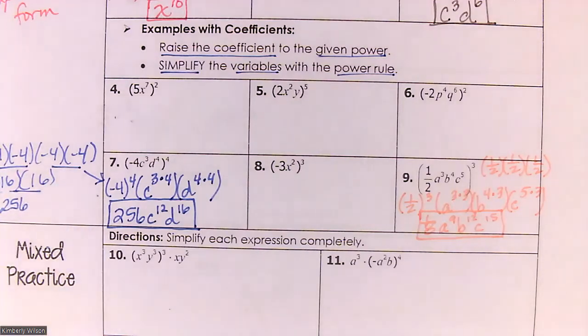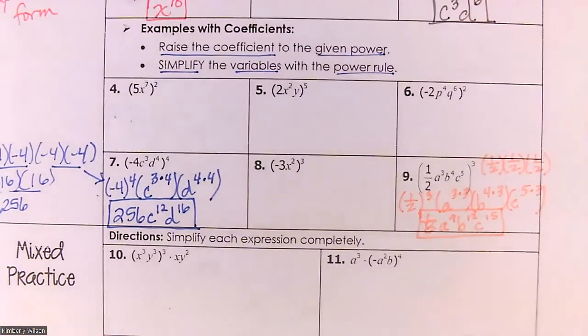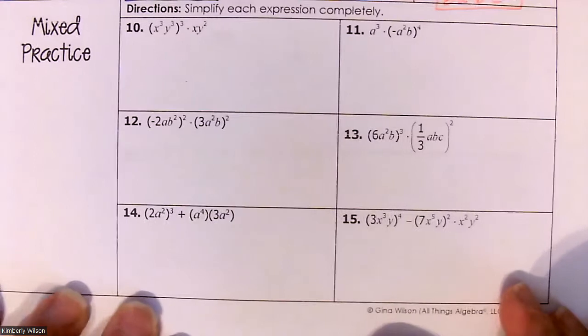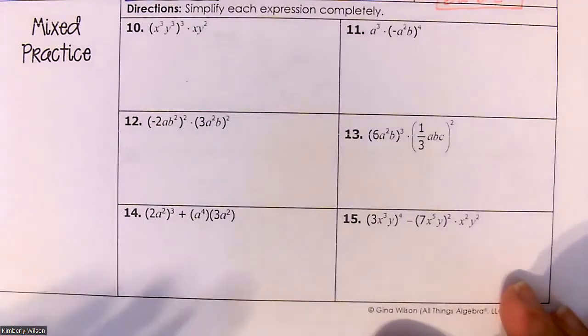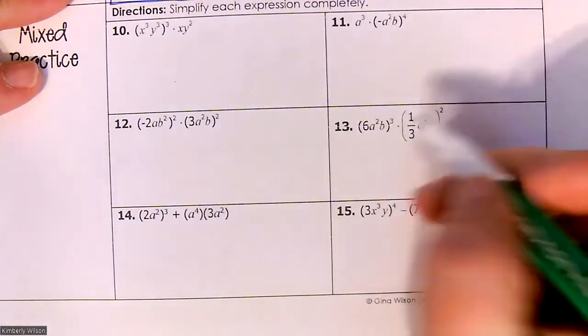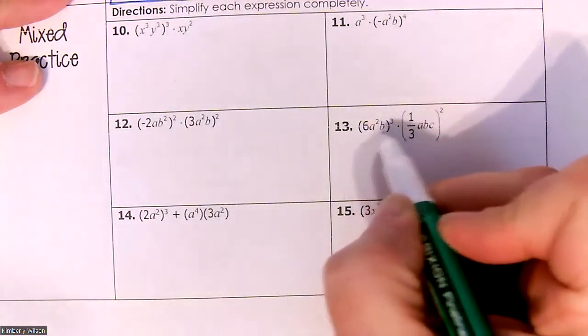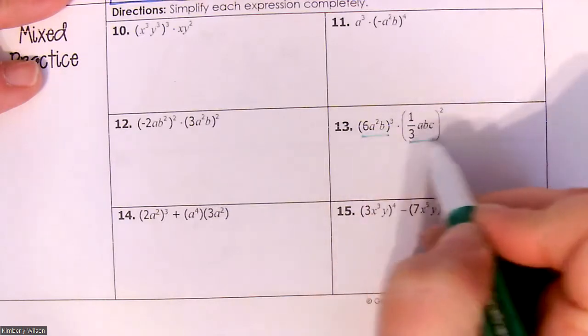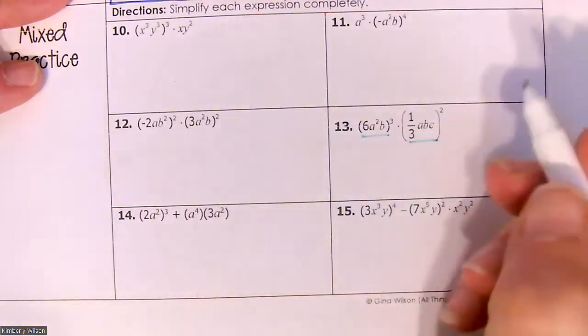Here we go. Jumping down to where this is a mixed practice of the rule we learned today and the rule we learned in 6-1. We're looking at number 13. I've got to simplify each factor first. So I'm going to simplify this, and then we multiply them together.